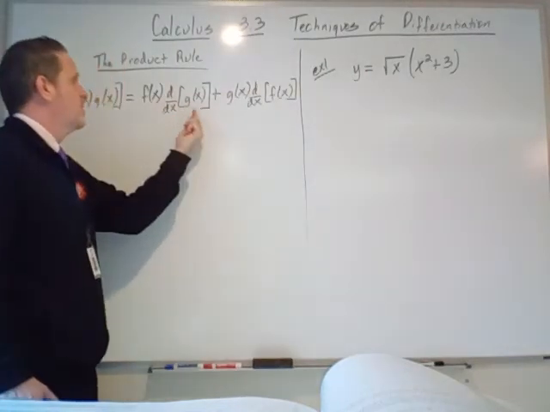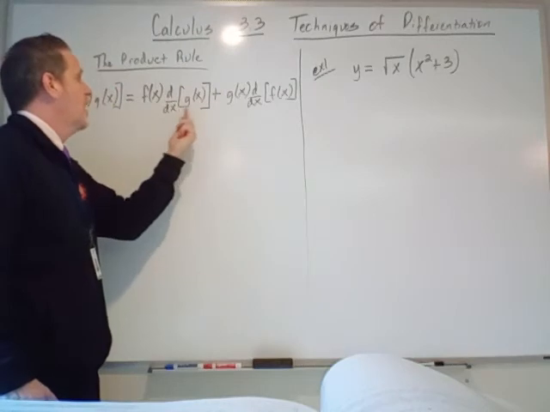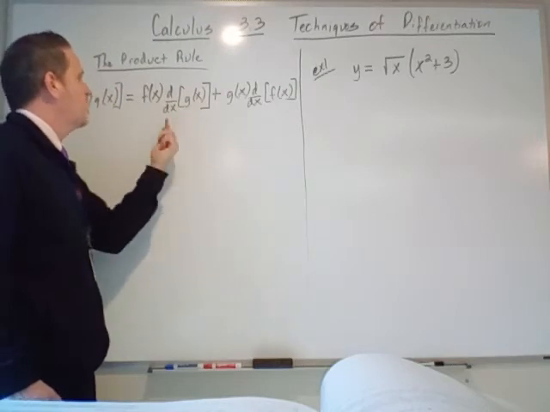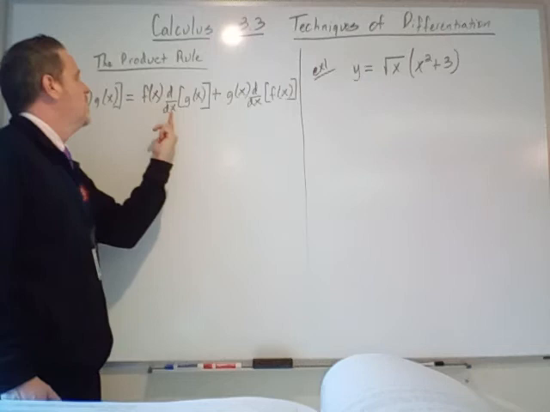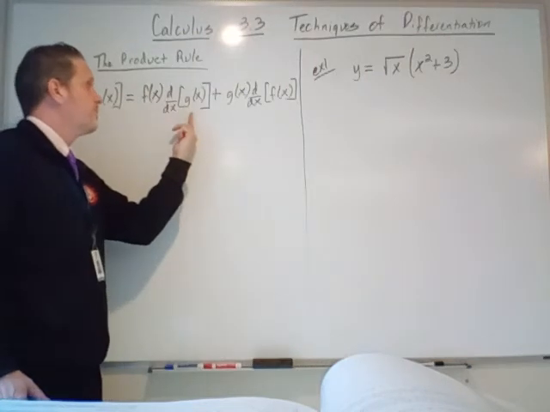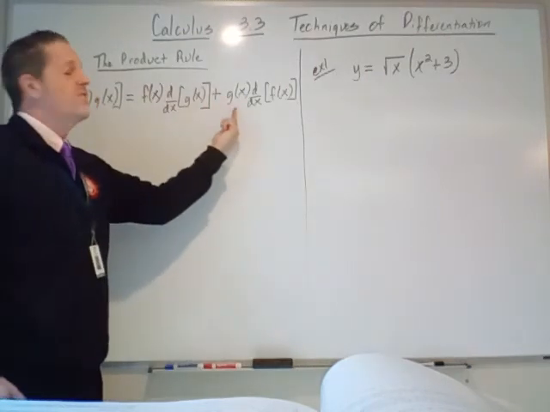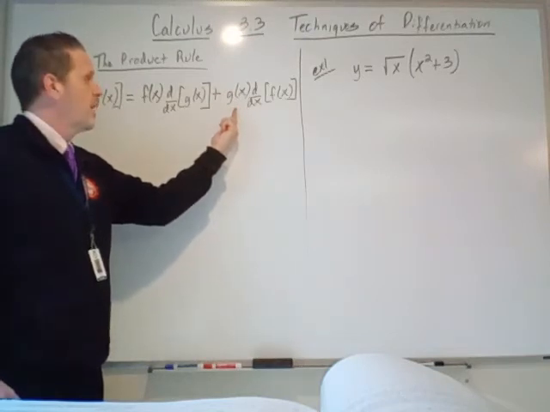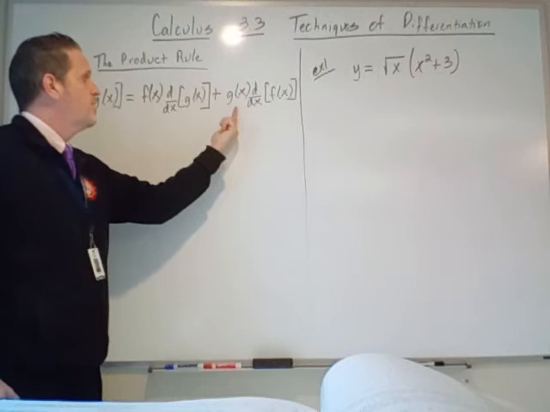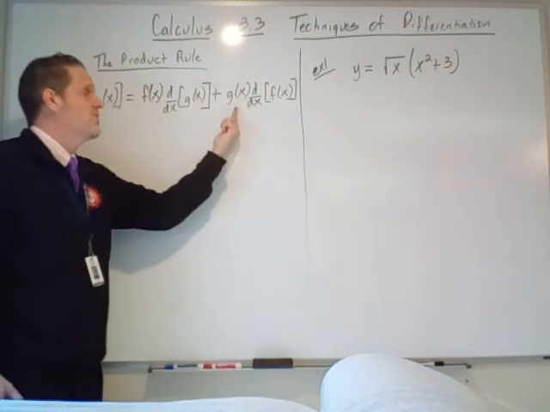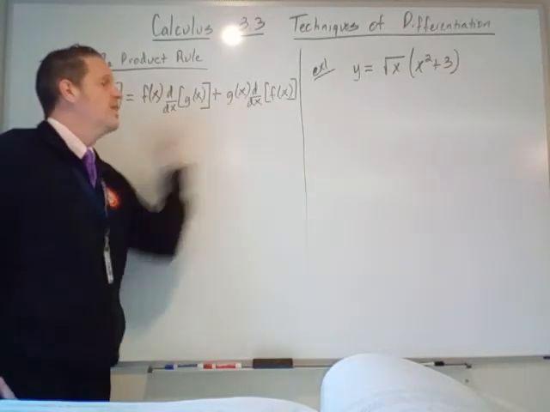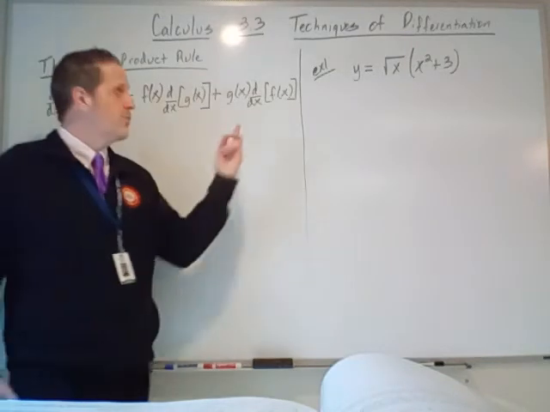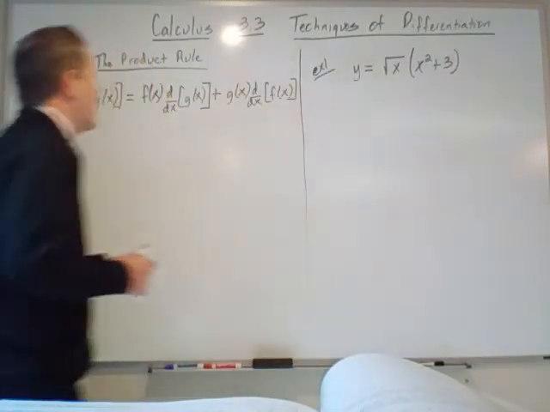So I'm taking the derivative of g of x with respect to x inside the bracket. So that's the first part, the first function times the derivative of the second, plus the second function unchanged. We don't do anything with it when we start off the second part. So plus the second function, in this case g of x, times the derivative of the first function, the derivative of f of x with respect to x.